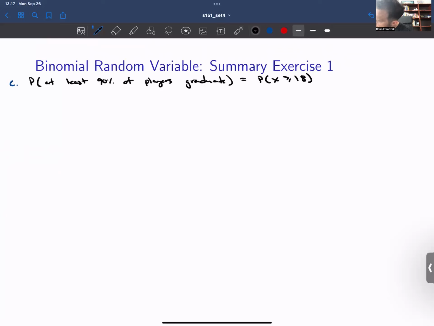This is going to be the probability X equals 18 plus the probability X equals 19 plus the probability X equals 20. So this is simply three applications of that formula.